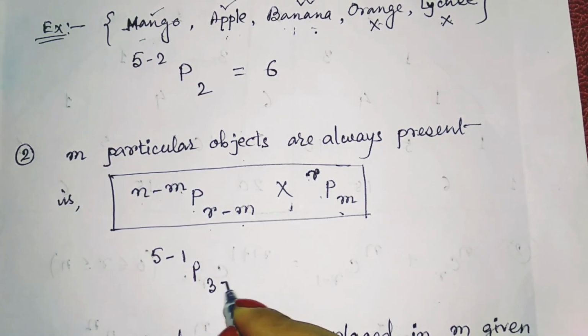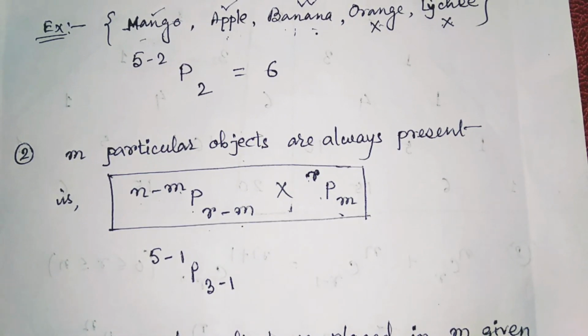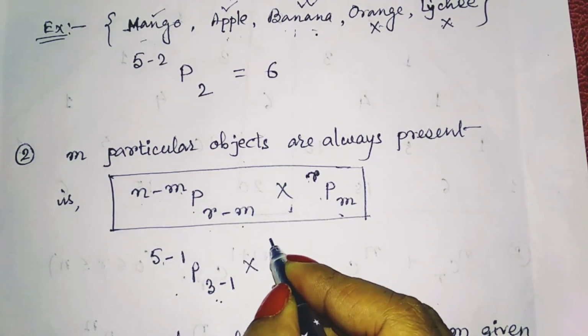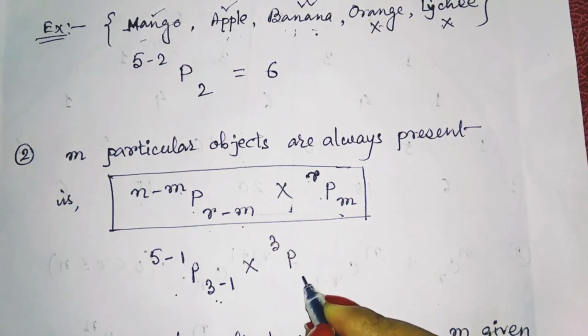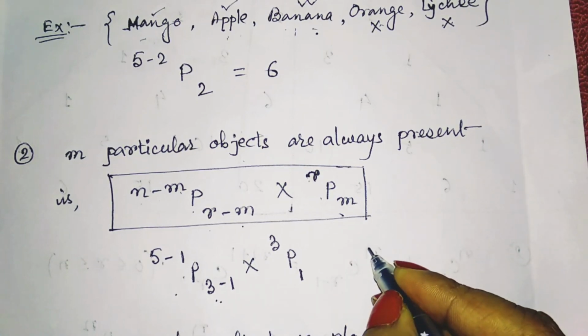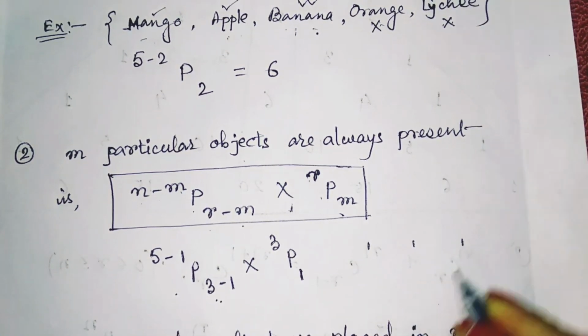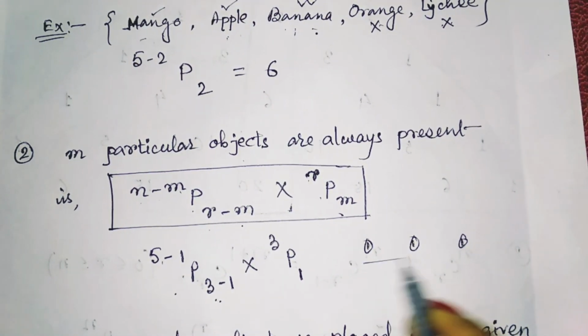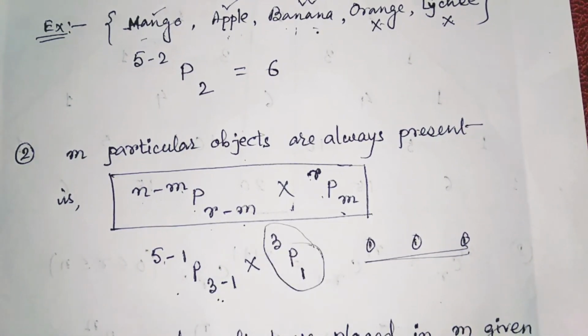The remaining 2 things we are supposed to select from the remaining 4 fruits. Now here r is 3 and m is 1. That means banana is always selected, and it can be placed in a row. There are a total of 3 positions, 1, 2 and 3. So banana can be chosen at the first place, second place or third place. For this arrangement, this permutation is there. So this is when m particular objects are always present.